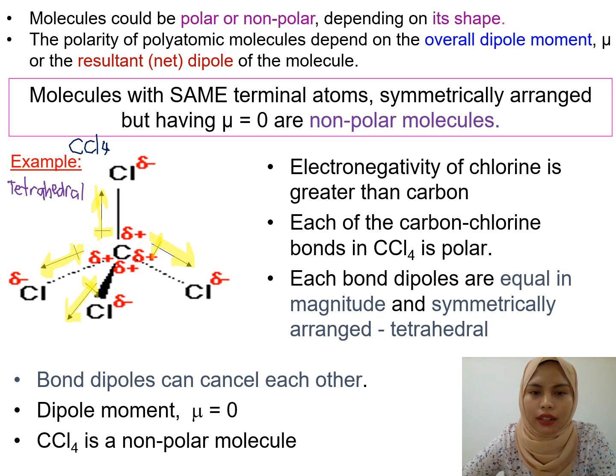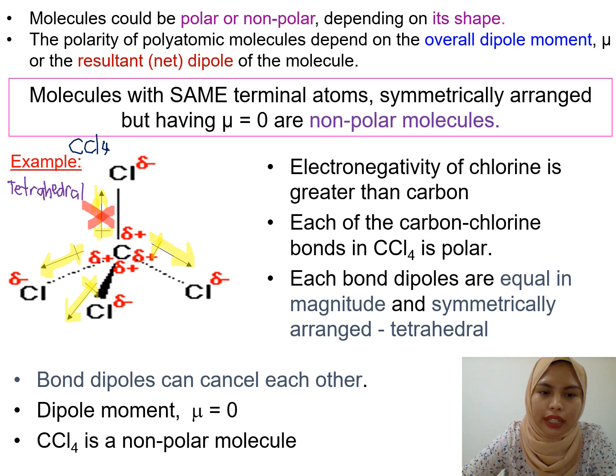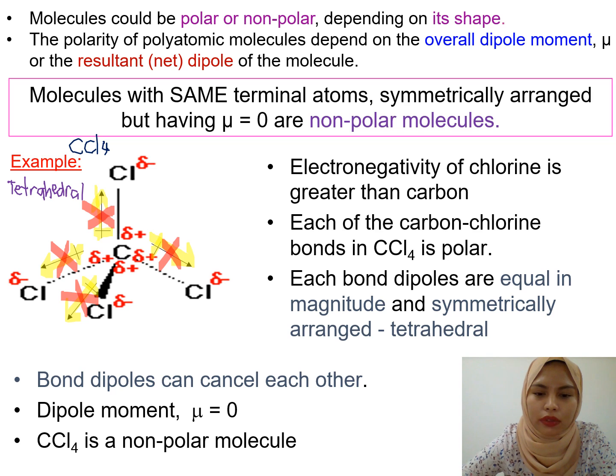So sekarang because these molecules dia symmetry, therefore dia punya bond dipole dia boleh cancel out each other. Yang atas akan cancel out dengan bawah, yang kiri akan cancel out dengan yang kanan. So bila dia punya bond dipoles boleh cancel out dengan each other, therefore dia punya overall dipole moment will be 0.